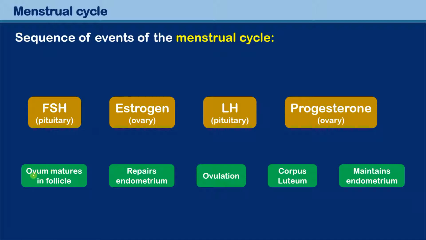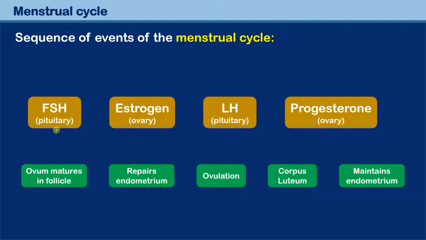What does this mean? An ovum is a different name for saying egg cell, and FSH basically tells the follicle to produce an egg cell. And a follicle is essentially a little bubble inside the ovary in which the egg cell matures.